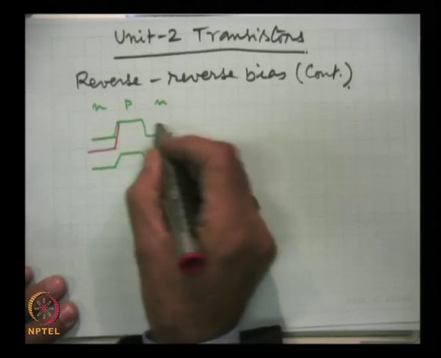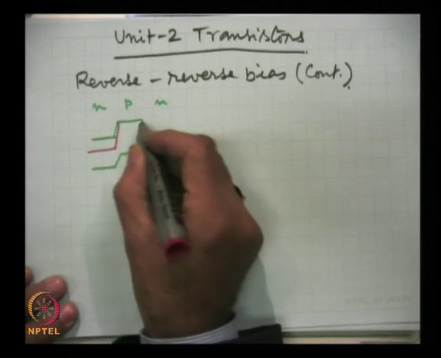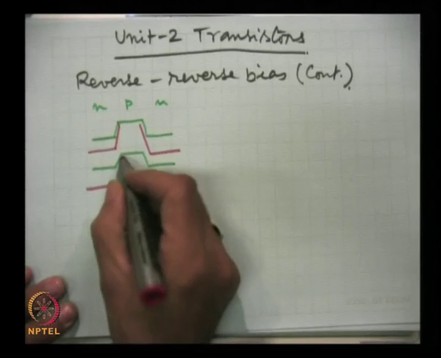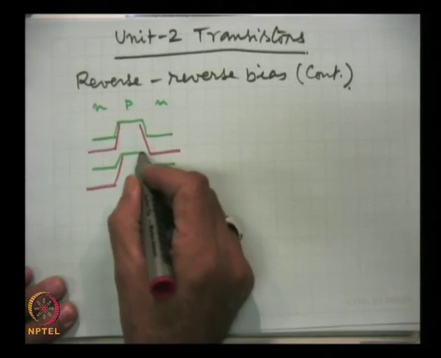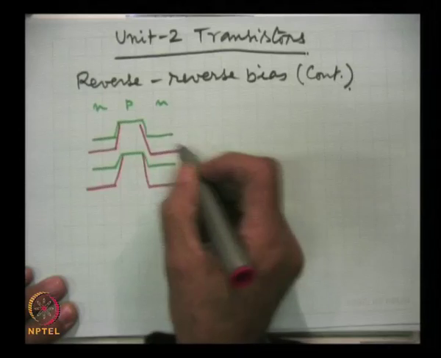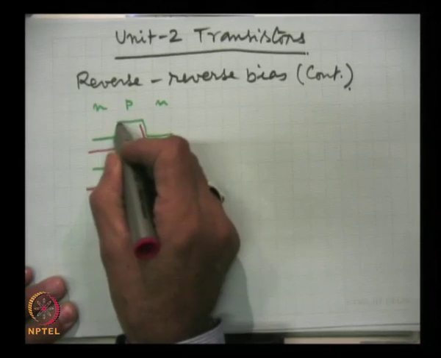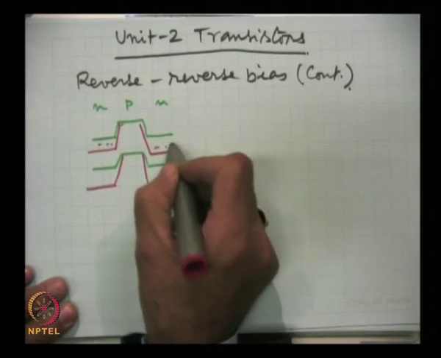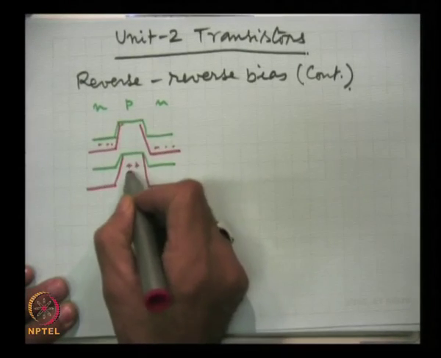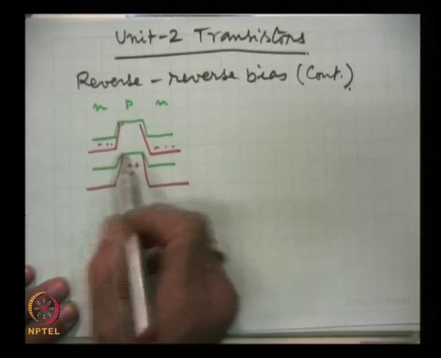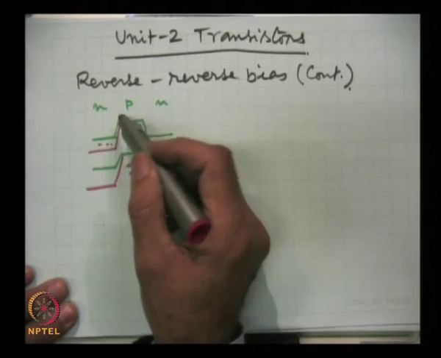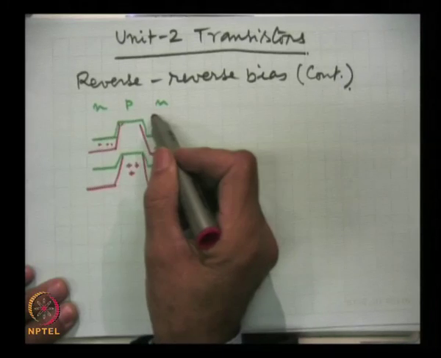So this red one is now the potential hill, and here there are electrons, here there are electrons, here there are holes, the majority carriers.